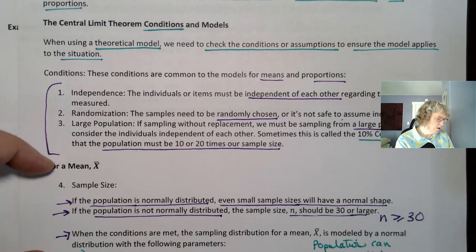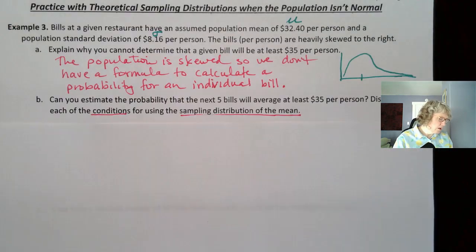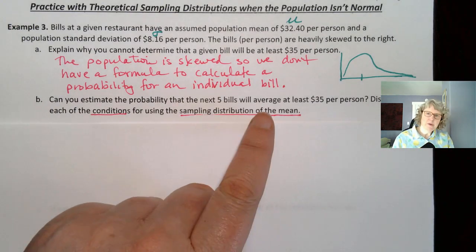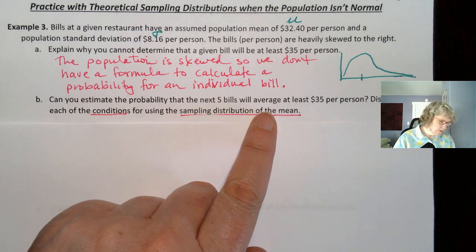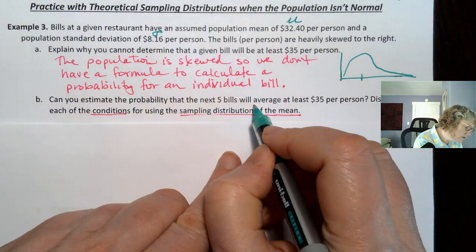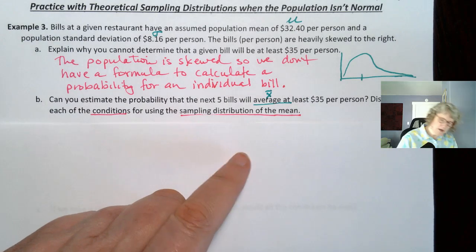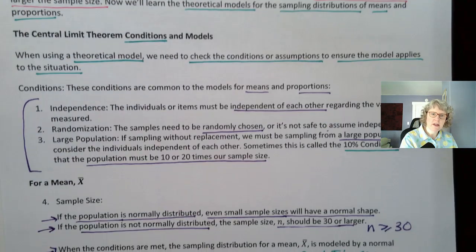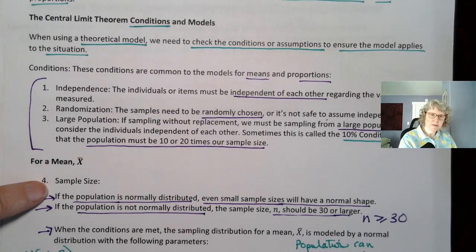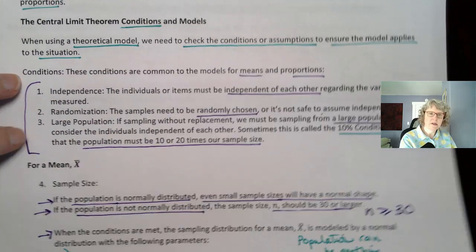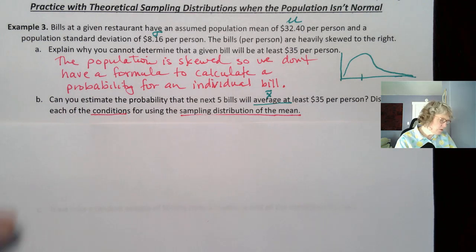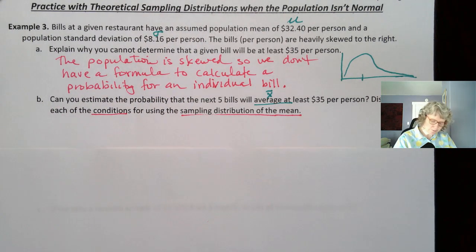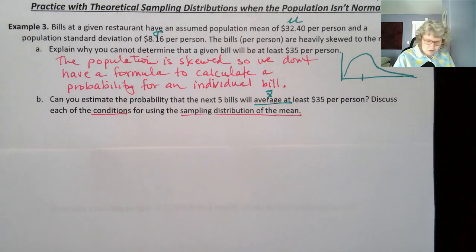And I think we're still doing a mean. Let's double check. The next 5 bills will average, yes, so we will be talking about X bar. This is an average. It doesn't say proportion, and it's a numerical thing. So we'll be doing our sample size in addition to these 3 conditions. So think about whether 5 meets our sample size condition. We have to do all the conditions anyway.